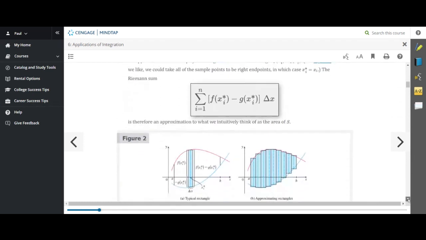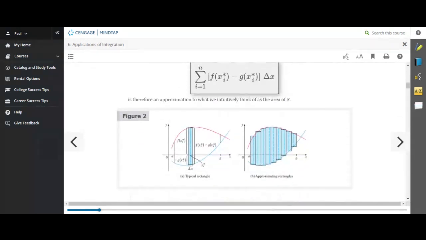And so here in figure 2, you have a typical rectangle in figure 2a. How do we find the area of the rectangle?